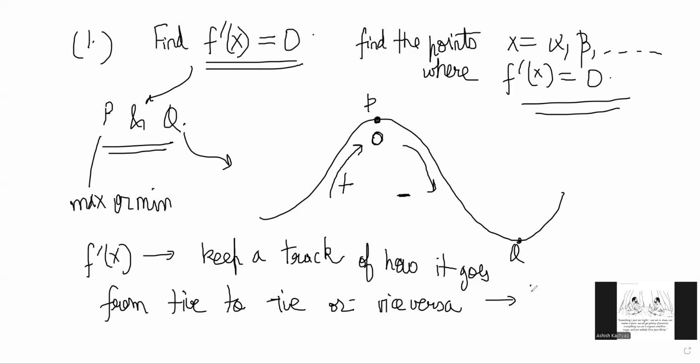Then only you can have a maxima or a minima, right? Only if the graph is turning will you be able to say that this is a maximum. Correct?